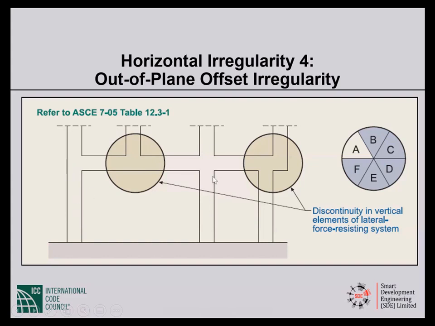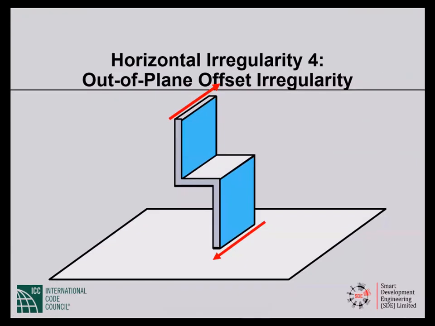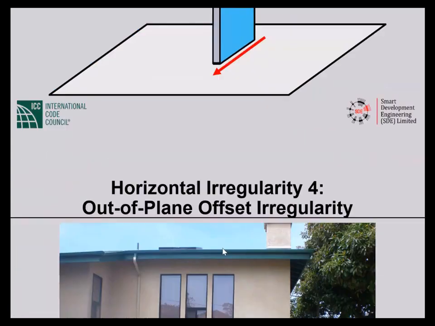Okay. So out of plane offset. This is a better picture from PIMA. Okay, this shear wall was coming down and then it is supported on a transfer slab, as we call it, and then the shear wall goes down another line.